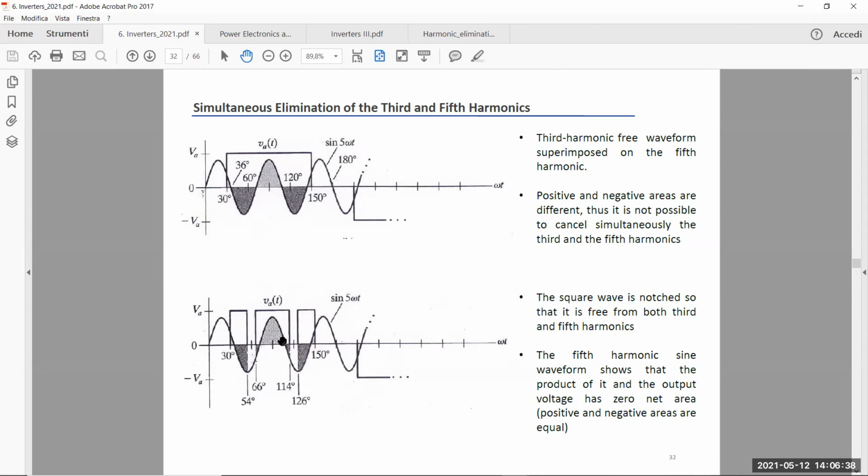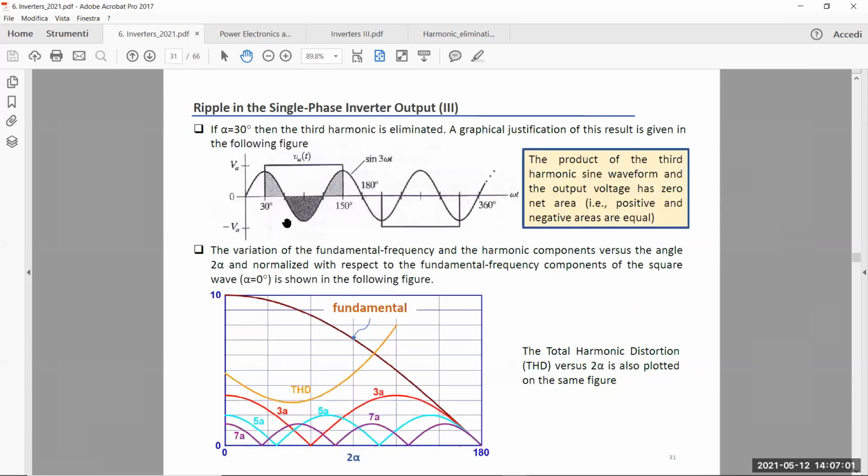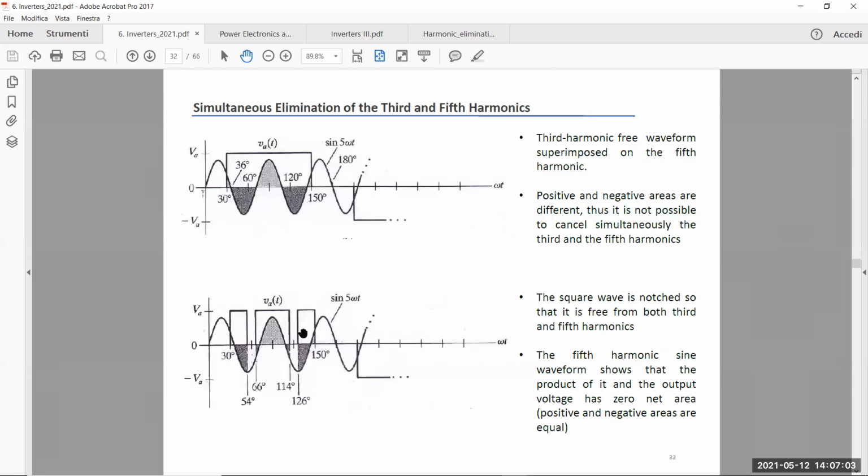If I introduce these notches, now the integral is just extended over these three pulses. If you look at these three pulses, for that specific angle you can see that the green positive area is exactly the same as the dark green area. So now B5 is null. If you apply the same output voltage V naught with these two notches and the same angle also to the third harmonic, you can see that in this case you also have B3 equal to 0.